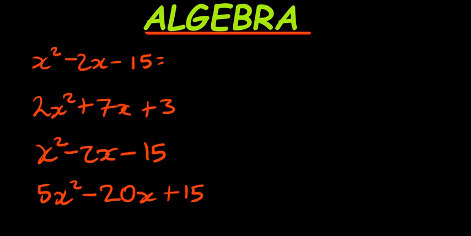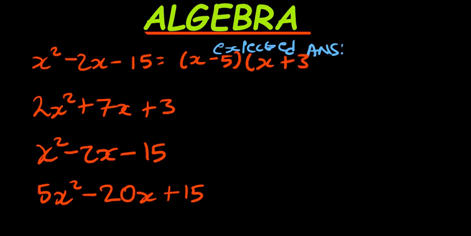So here are our expected answers. For the first one, our expected answer can be x minus 5 open bracket, and then x plus 3 there.